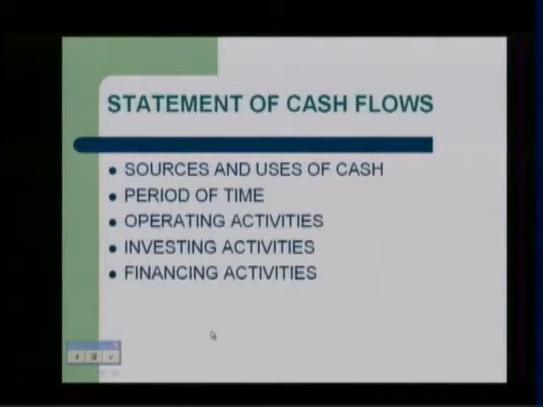The other one that you should be familiar with would be the statement of cash flows. A statement of cash flows is simply what it sounds like. It's where the cash came from in the company and where the cash was expended in the company. In the statement of cash flows, we break them down into three types of things that occur: the operating activities, investing activities, and financing activities.